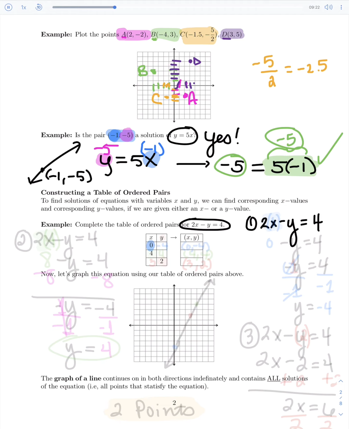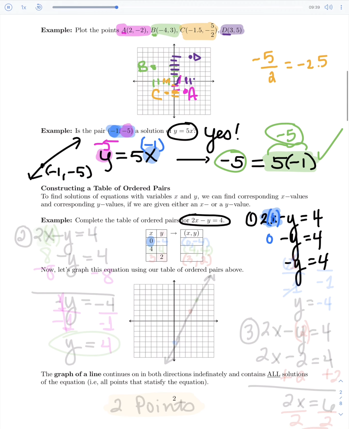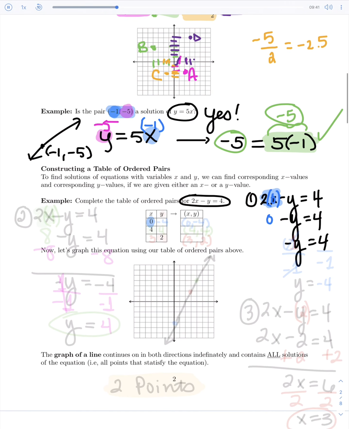So remember, when we replace our x's with 0, we have to put it in parentheses, which gives us 2 times (0), which is 0, minus y equals 4. So we end up with negative y equals 4. But then we still have to get rid of the negative sign.